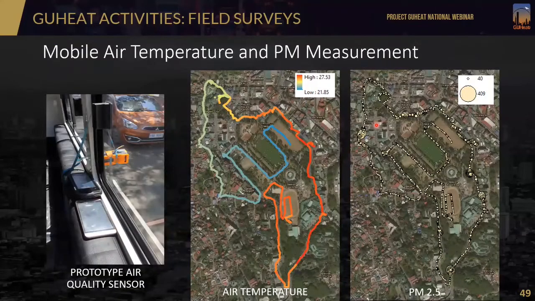We also did mobile air temperature and particulate matter measurements to see how the different patterns in the urban development would correspond to air temperature or how they affect also the PM 2.5 concentrations.